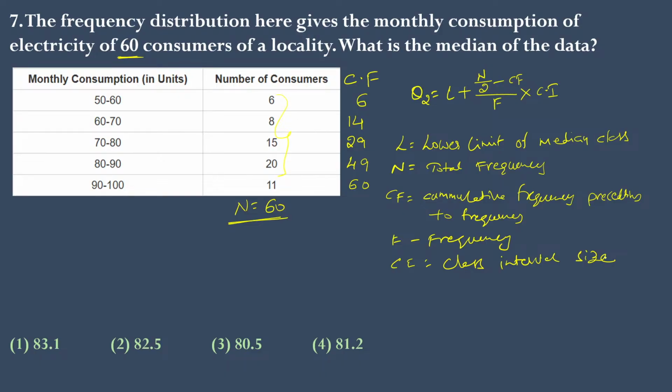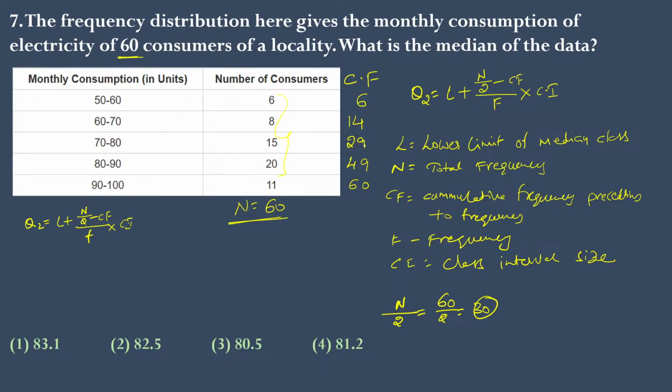So Q2 is equal to L plus (N by 2 minus CF) by F into class interval size. First of all you need to find N by 2. N is 60, so N by 2 is 30. See where in the cumulative frequency the value 30 falls: after 29.